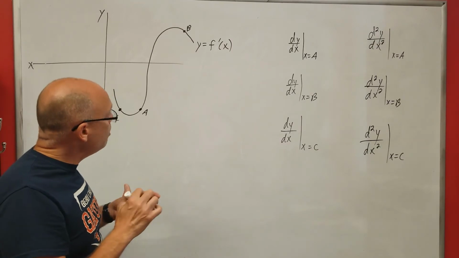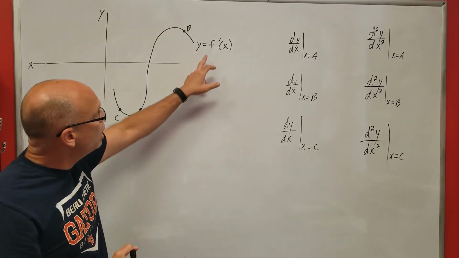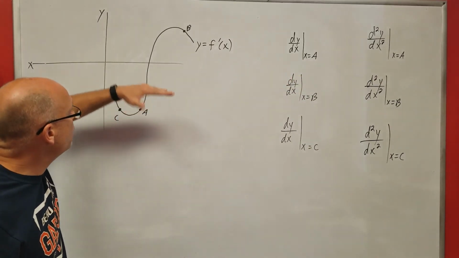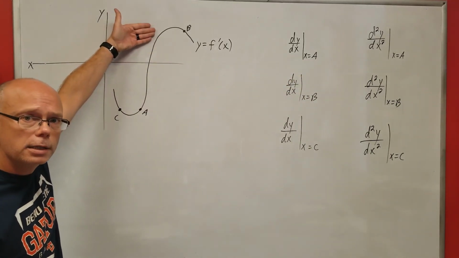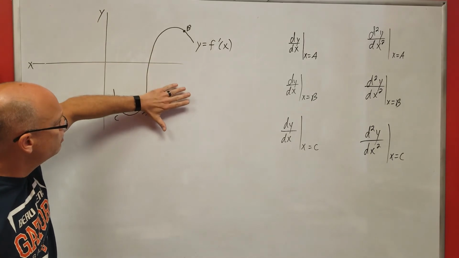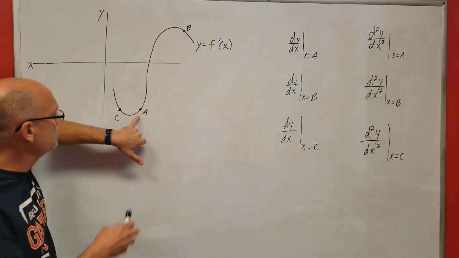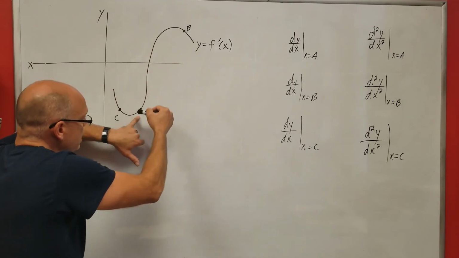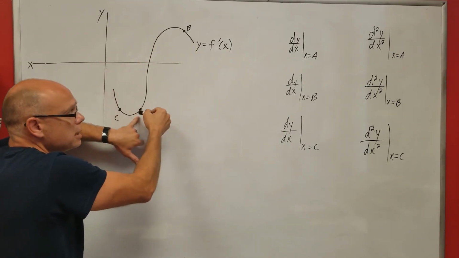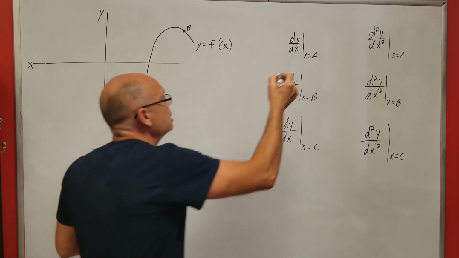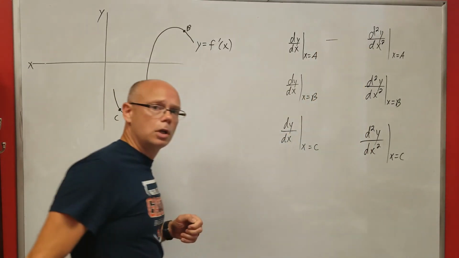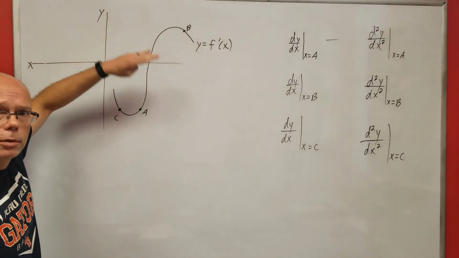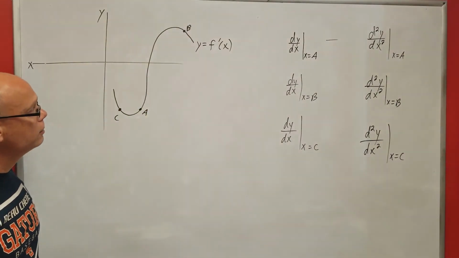What is this function at x is equal to a? Is it positive, above the x-axis, or is it negative, below the x-axis? Well, it's obviously below. F prime, my derivative, is below the x-axis at x is equal to a. So that means my function is negative. Remember from algebra that if you're above the x-axis, you're positive. Below the x-axis, you're negative.